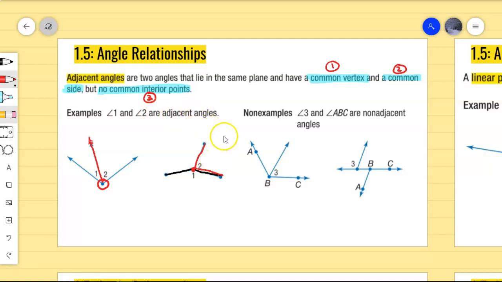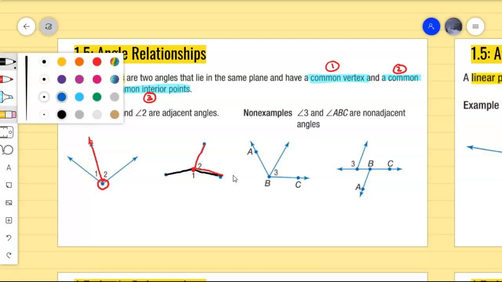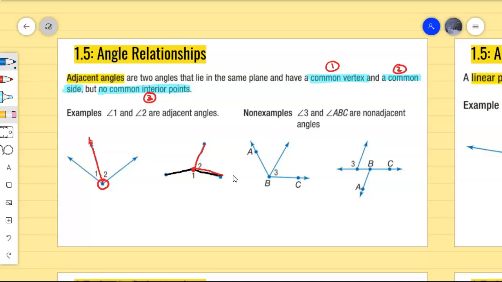Now, what's something that's not an example? Let's take a look at angle 3 and angle ABC. Here's angle ABC, and then here is angle 3. Between angle ABC and angle 3, yes, they share a common vertex.